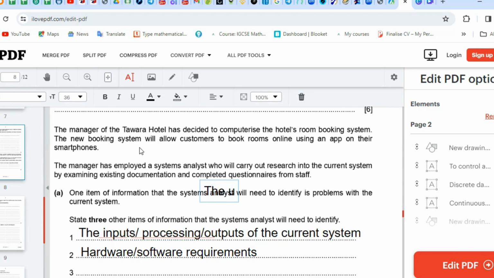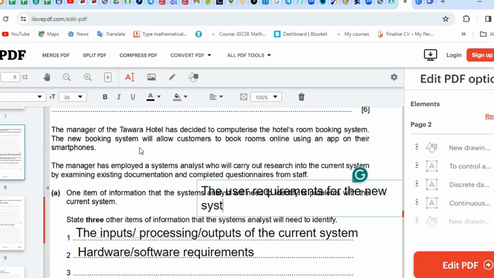The user requirements for the new system.